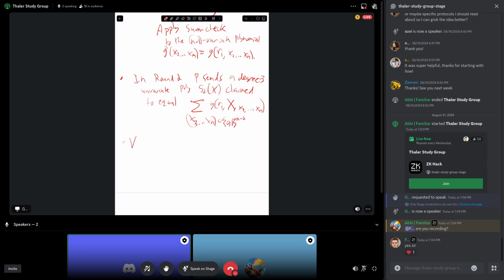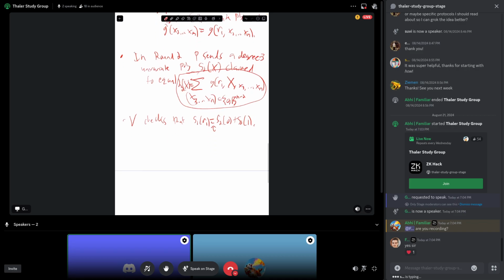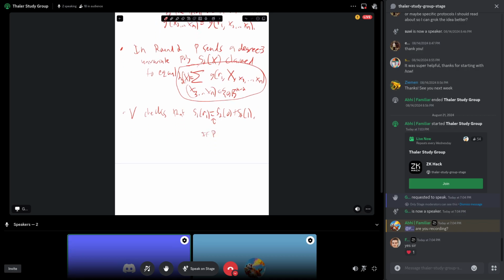And the verifier does its consistency check, that S1 of R1 indeed equals S2 of 0 plus S2 of 1. Again, let's give this thing a name: if the prover's honest, what its round 2 message would be. Let's call it H2. We define H2 so that this consistency check will pass if the prover is honest and indeed S2 equals H2.